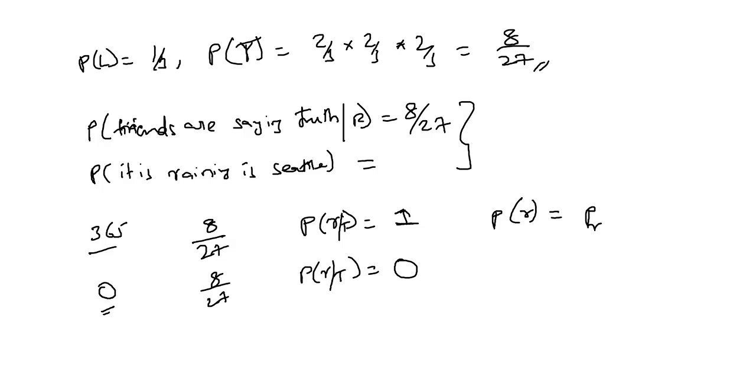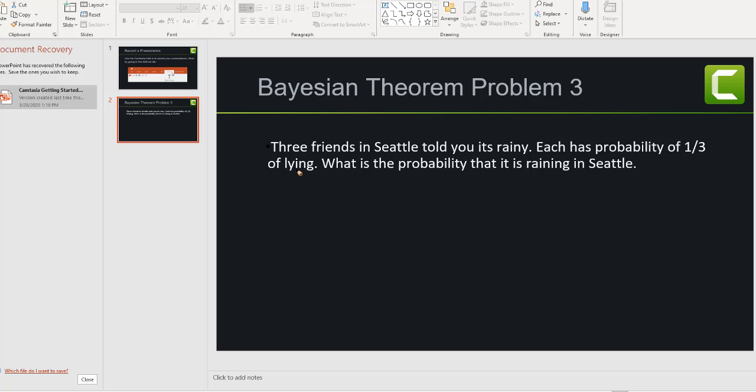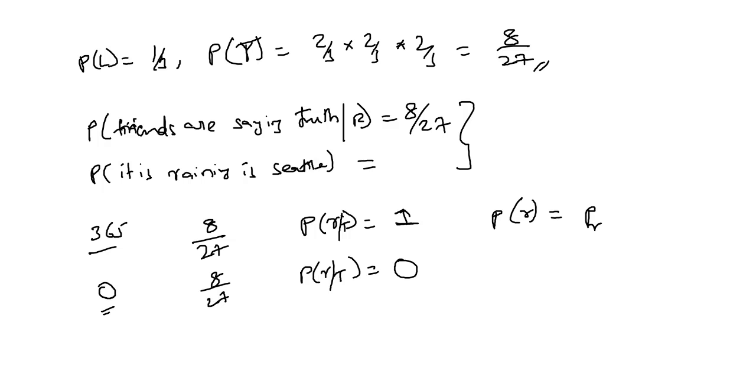Okay, given the way we are trying to solve this one, let's look at the problem again. 3 friends in Seattle said it's raining, and each has the probability of 1/3 of lying, and then what is the probability of it's raining in Seattle. So let's solve this one. What is given to us: the probability that the friends are saying yes, it's raining, given it's raining, is 2/3 times 2/3 times 2/3.